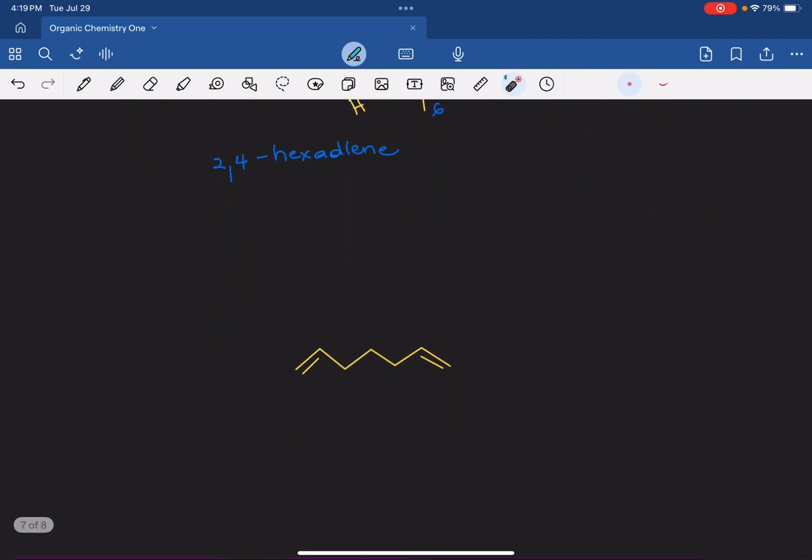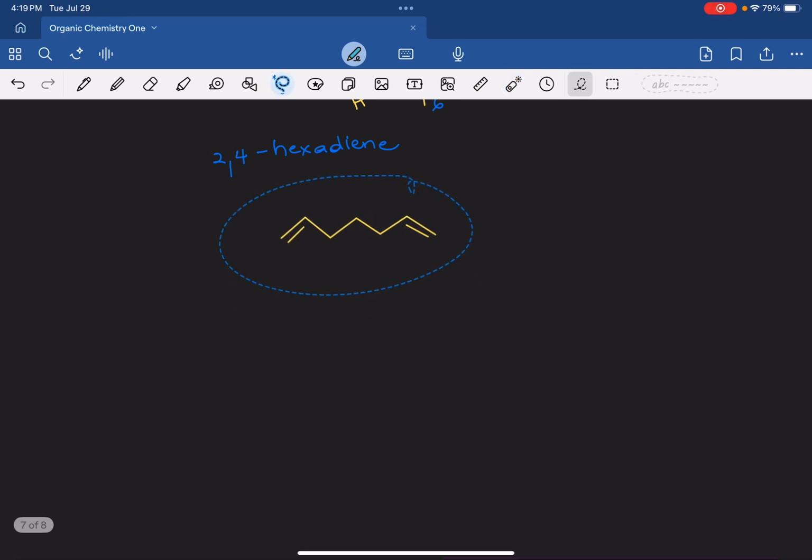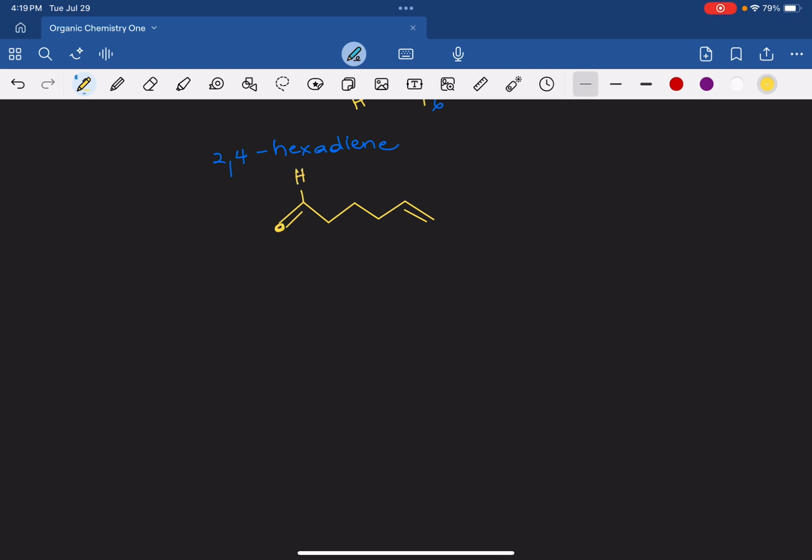Okay, let's look at this one. Let's see how many stereoisomers we can draw for this. The usual: find your carbon-carbon double bond, put in your hydrogens. This has one hydrogen here. You have a carbon here. This carbon, as you could see, you have 2 lines towards the dot.